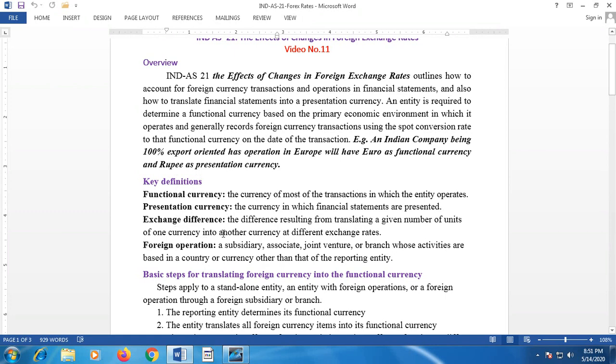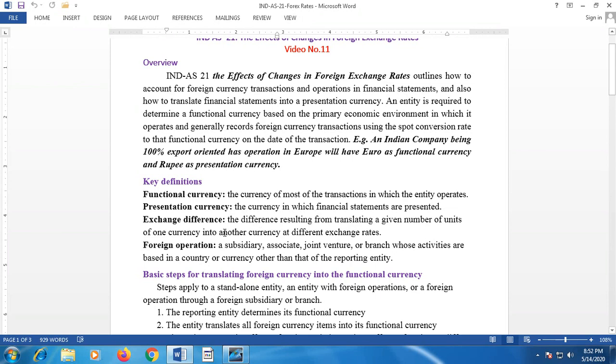Exchange difference: the difference resulting from translating a given number of units of one currency into another currency at different exchange rates. When functional currency is translated into presentation currency at different exchange rates, there would arise exchange differences.